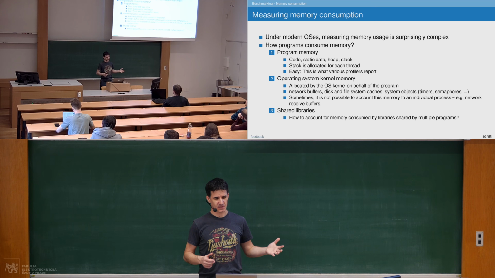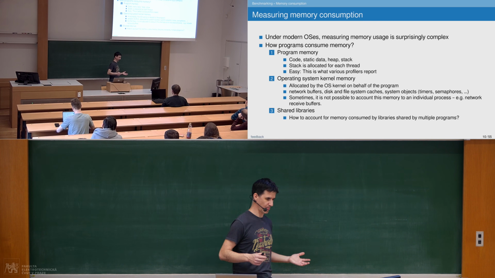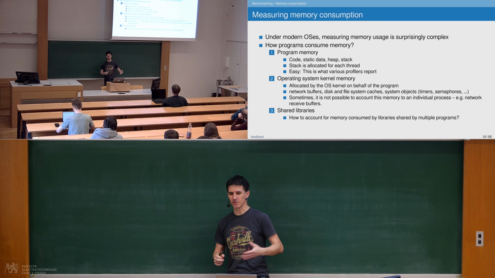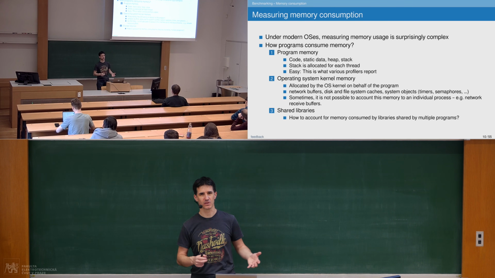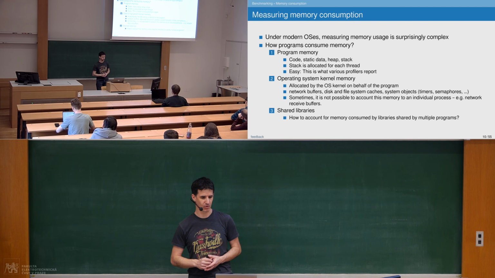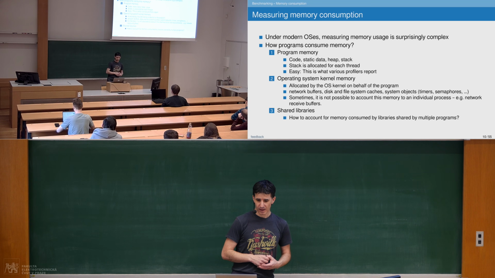In some cases this is not important because that memory is small, but if you have a heavy networking application or a database application, this memory can be a big proportion of the memory actually used by your application.